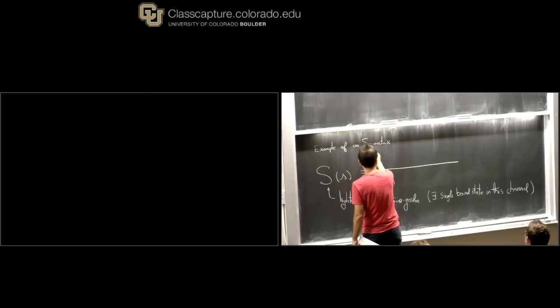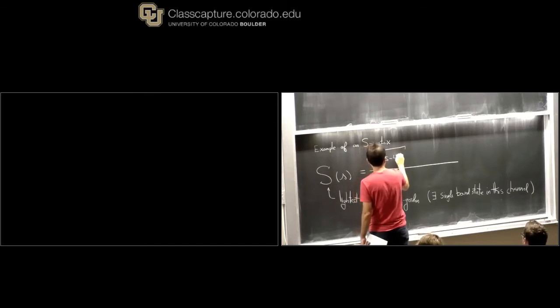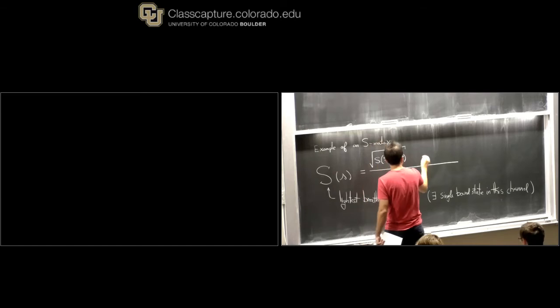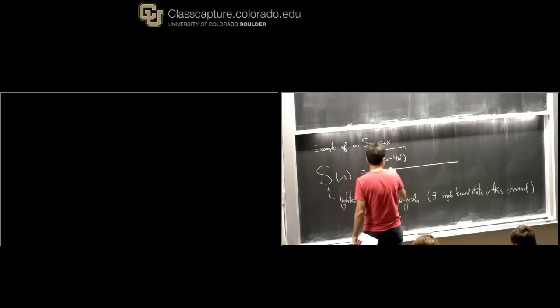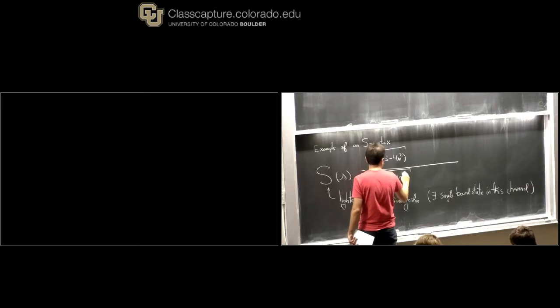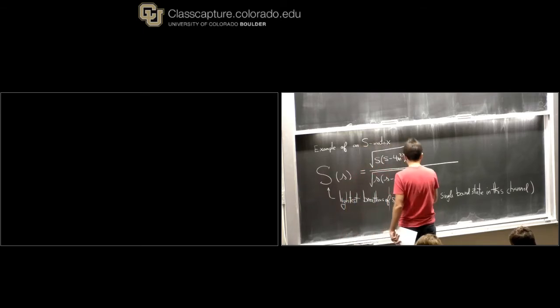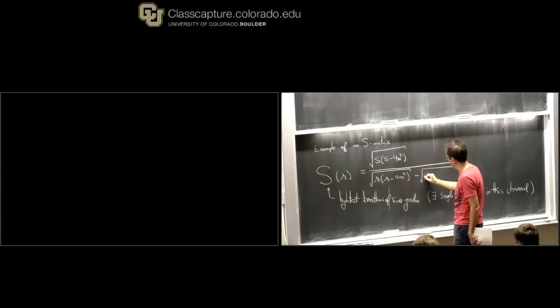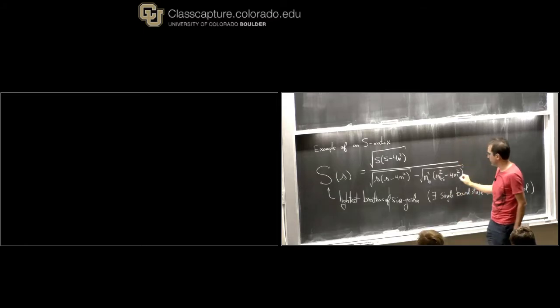And here it is. Square root of s minus 4m squared. Downstairs I'm going to write the same thing, square root of s minus 4m squared, and now I'm going to subtract downstairs the same thing with s replaced by m bound state squared: m_b squared minus 4m squared, exactly the same thing inside the square root with s replaced by m_b squared.